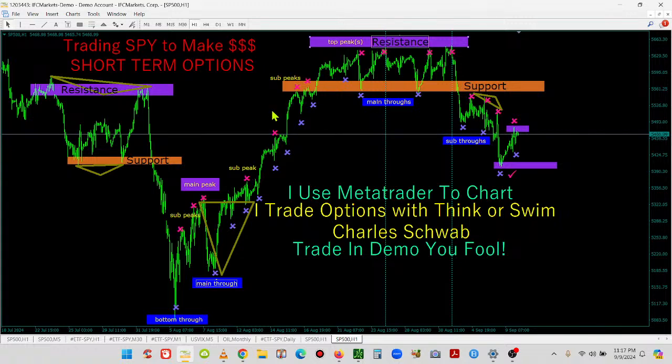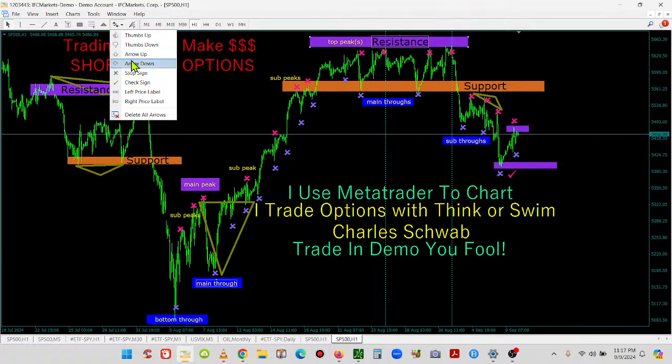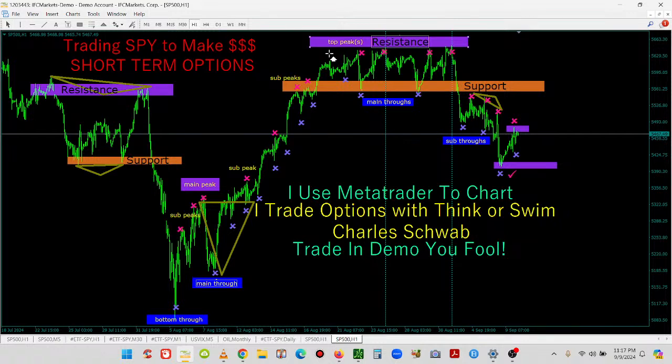Do you see the higher highs? Do you not see the higher highs? What happens in this pattern is you have these sub peaks, right? Sub peak, sub peak, sub peak, sub peak, and then when you get to this point, you have top peaks, and it stalls out.